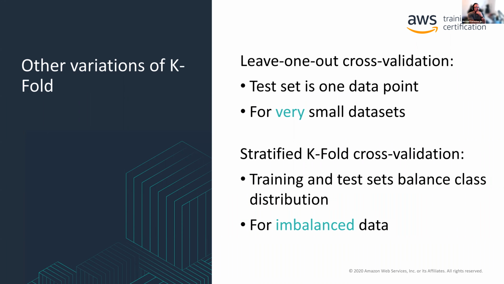Other variations: stratified k-fold cross validation. This is mainly favored when there's imbalanced data. So for example, if there's seasonality to the data, like vacation data, or things around taxes, or items specific like swimsuits, or winter coats in an area that has a more temperate climate, right?